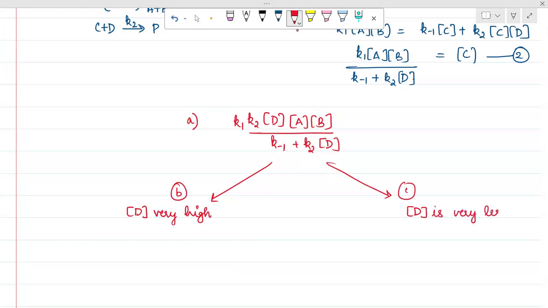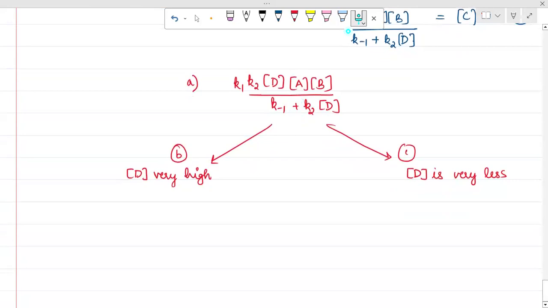Here you cannot determine the order directly because the expression is too complex. With respect to D in the numerator it is 1, with respect to A it's 1, with respect to B it's 1. But at the bottom again there is some constant plus K2 into D. So to determine the order it's very difficult as there is a plus sign in the denominator.